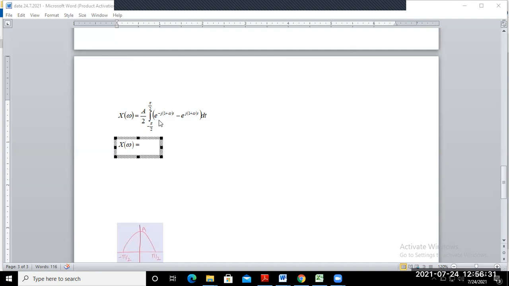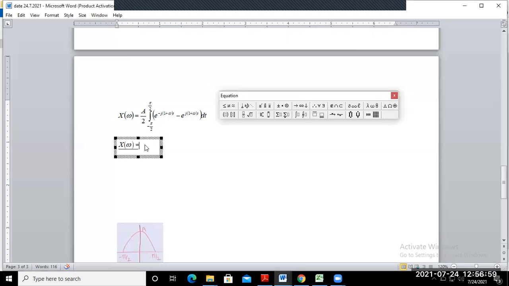How can we integrate e to the power theta? What is the integration of e to the power theta? If you integrate the first term, e to the power minus j into 1 plus omega into t, it becomes e to the power minus j 1 plus omega t divided by minus j into 1 plus omega. Just integrate these two terms and put the lower limit and upper limit.